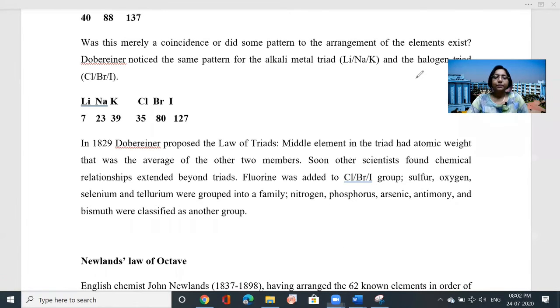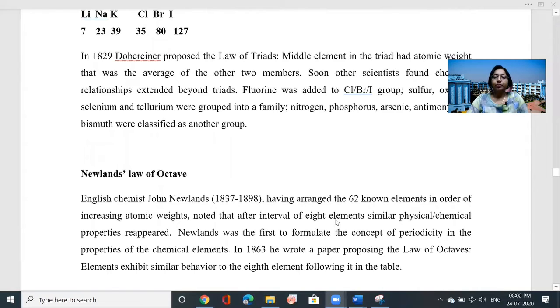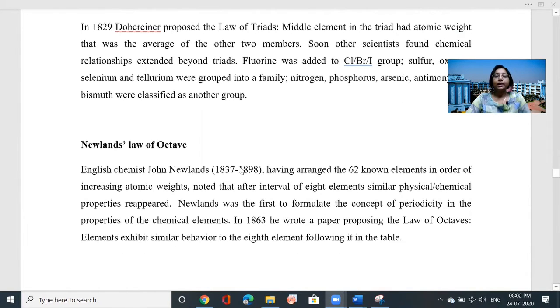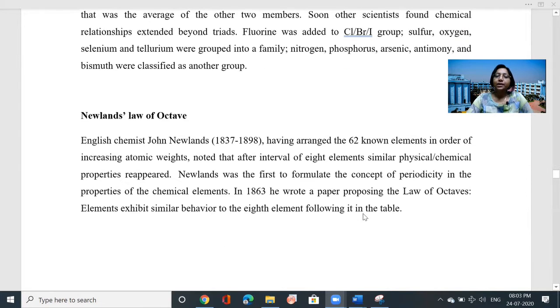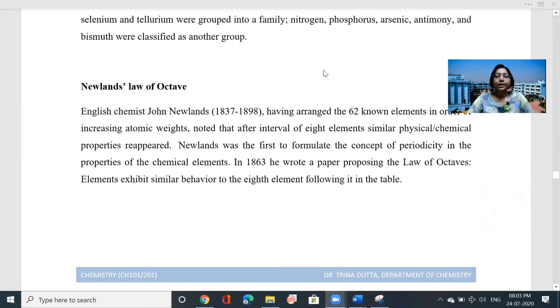Now next, Newland's law of octaves. What is it? English chemist John Newland, 1837 to 1898, having arranged the 62 known elements in order of increasing atomic weights, noted that after an interval of 8 elements, similar physical and chemical properties reappeared.